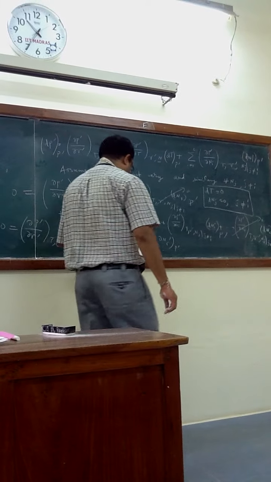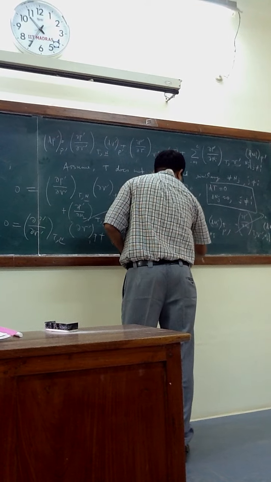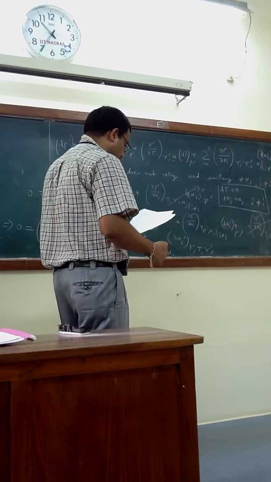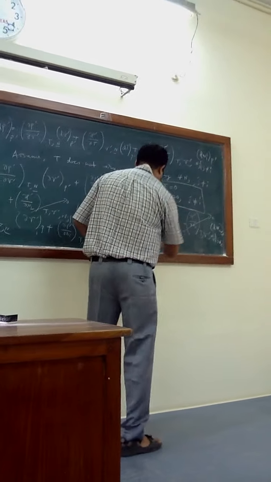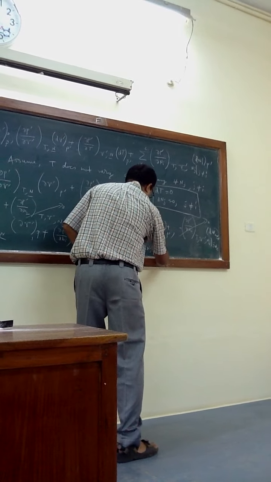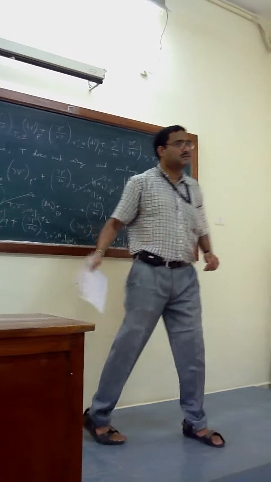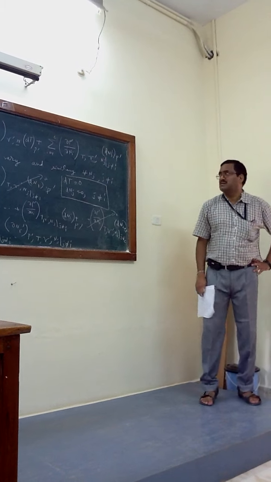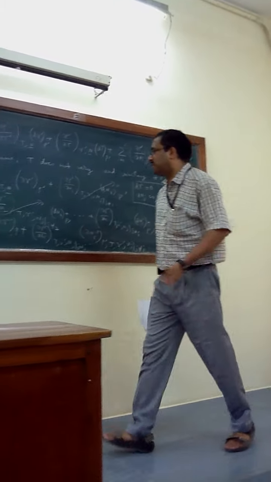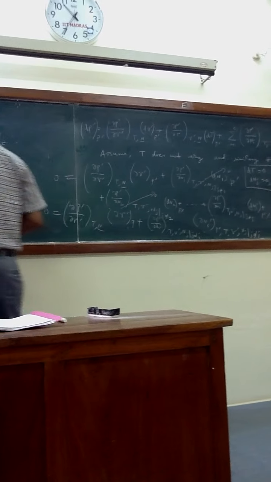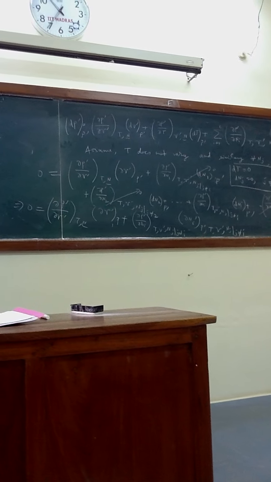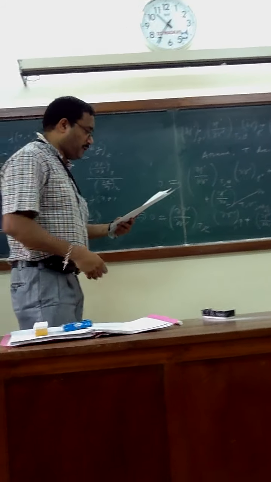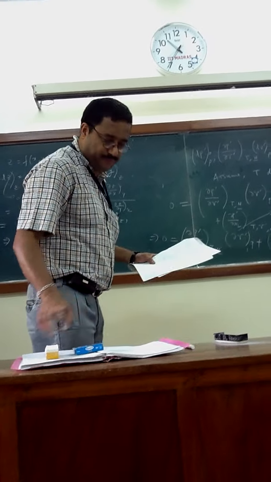What are the things constant? P prime, T, V prime. What else? nj j not equals to 1. Right? This is a constant imposed here. Correct? Yes? Okay, so what you have to find out is ∂V'/∂ni.